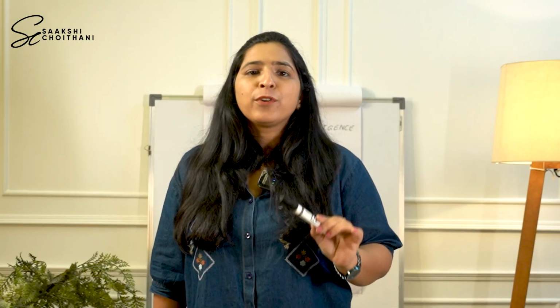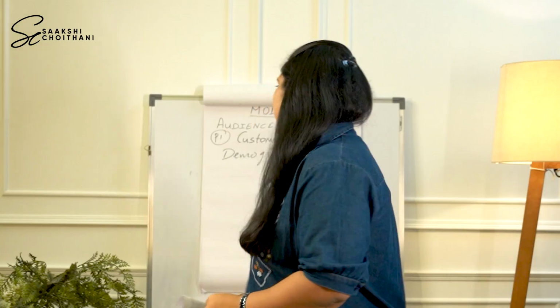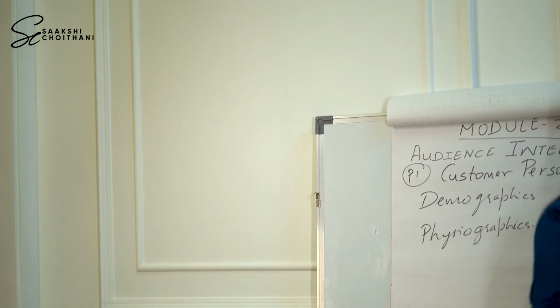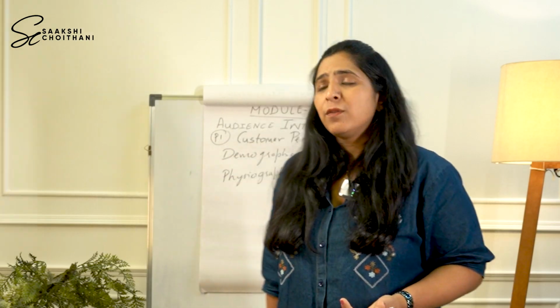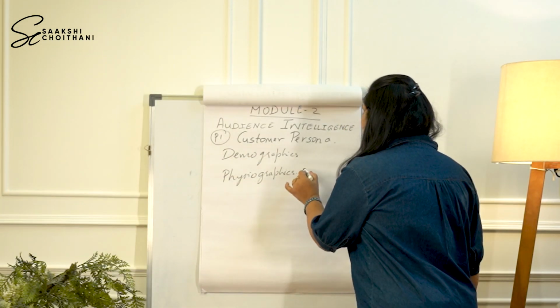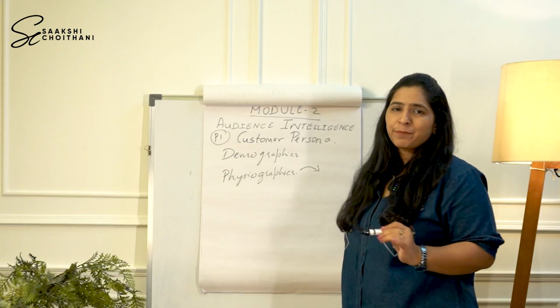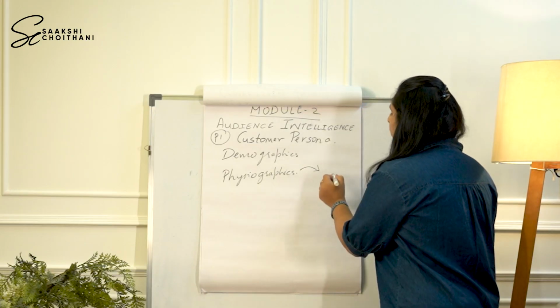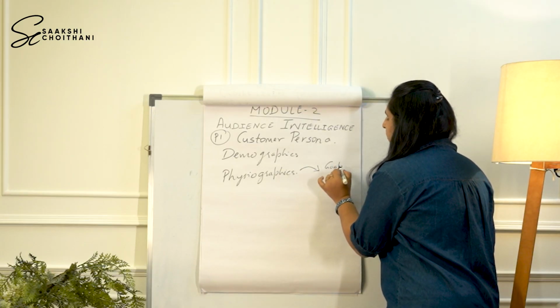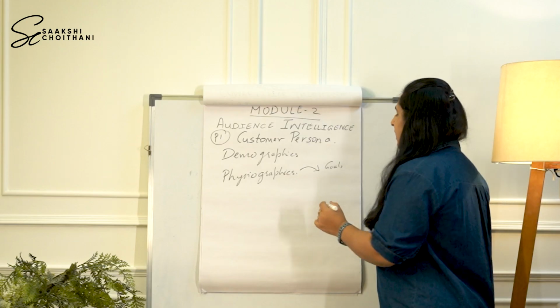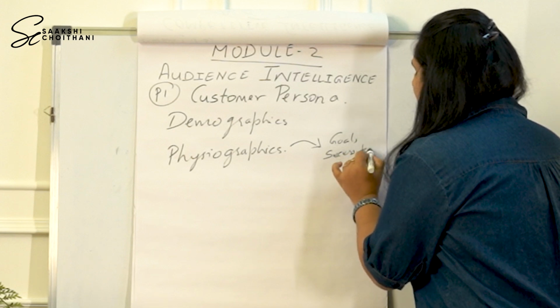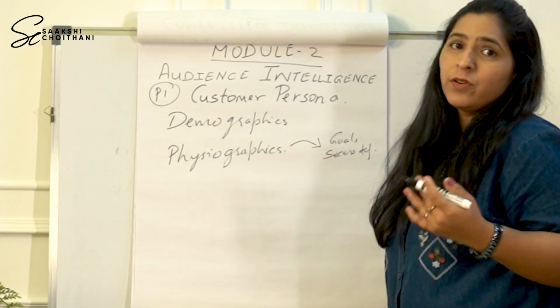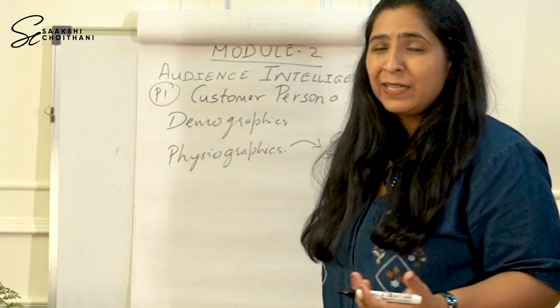Now, apart from this, there is also something called psychographics of your customer. Now, what does this mean? Well, honestly, this comes down to different aspects of what could be the goals of your potential customer, right? What could be their success definition? How do they feel successful? How do they feel good?